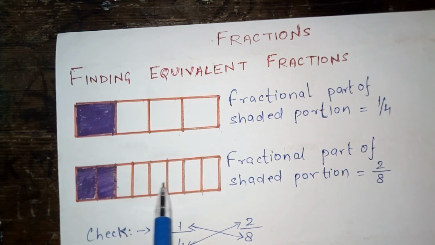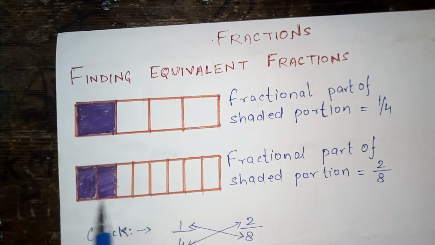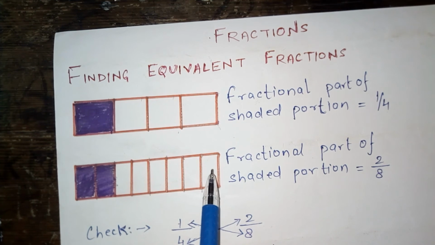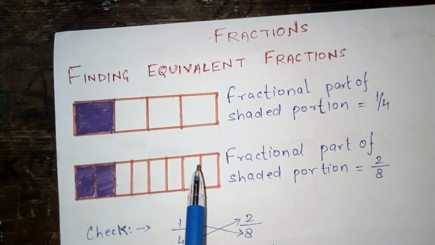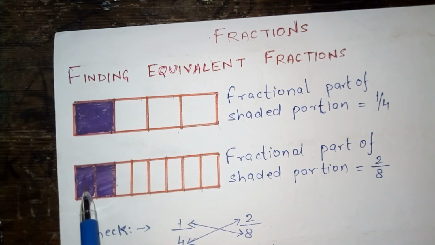Now in the second figure, this is one big block, and this big block is divided into 8 equal parts. How? Look here: 1, 2, 3, 4, 5, 6, 7, 8. In these 8 equal parts, only 2 portions are shaded.